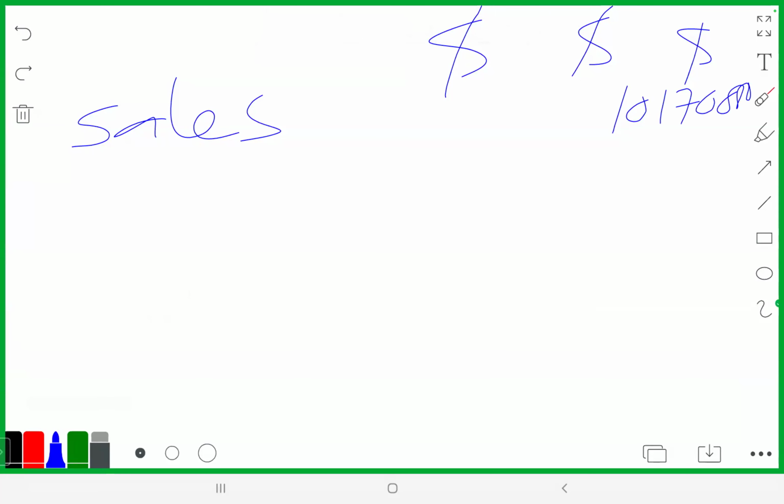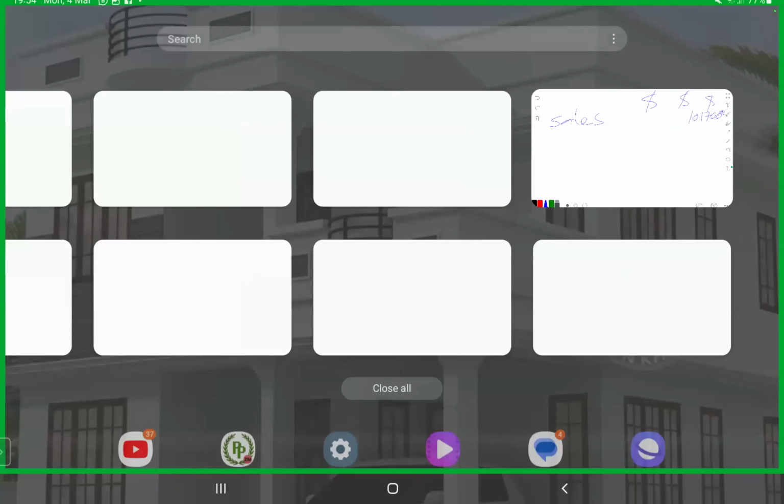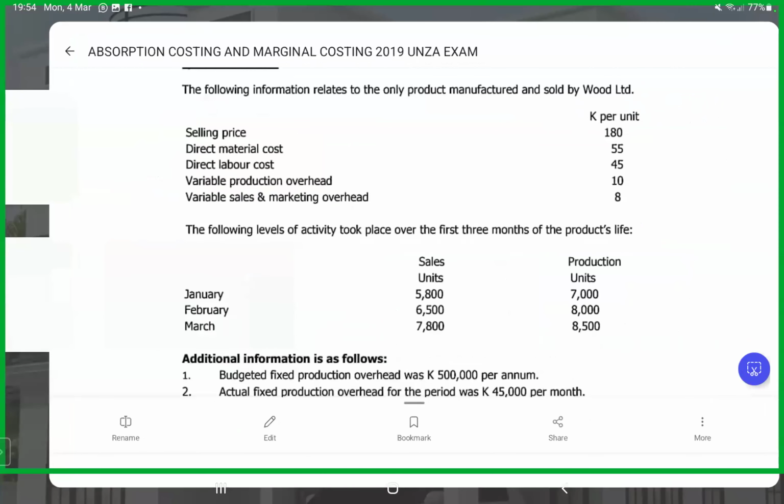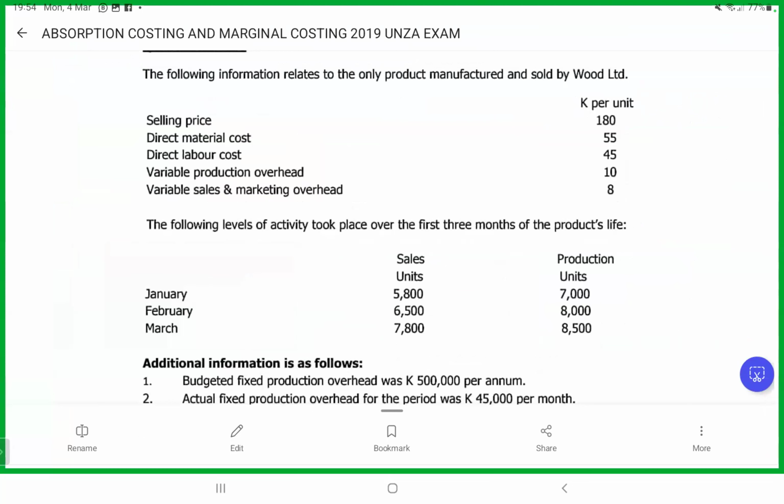Okay. What are you supposed to be finding? 224,000. You see the figures that you're multiplying. It's 180, the selling price, times 6,500.